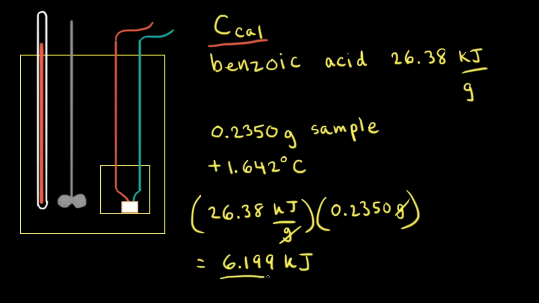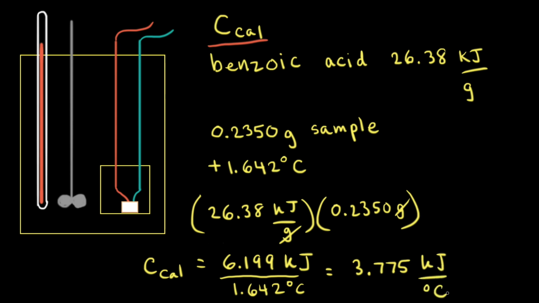Next, we divide this by our temperature change, which was positive 1.642 degrees Celsius. And this gives us the heat capacity of our calorimeter, which turns out to be 3.775 kilojoules per degree Celsius.